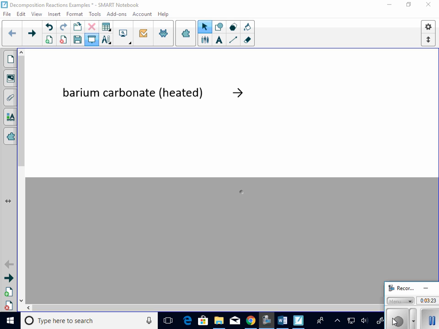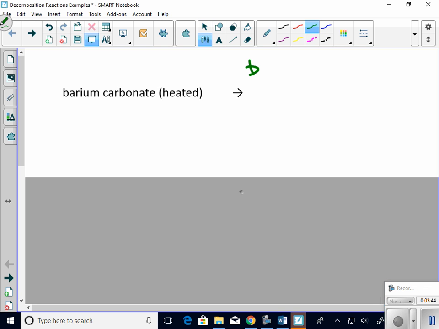So, the first thing I need to determine is, what is my metal? Barium. So what is my metal oxide? Barium oxide. Now remember, people, when I'm doing this, I love to write that down.